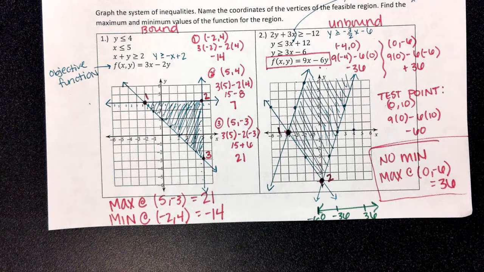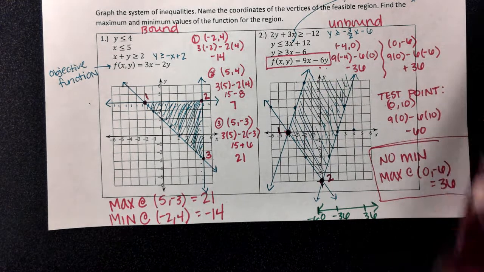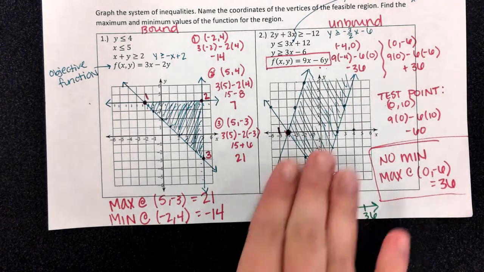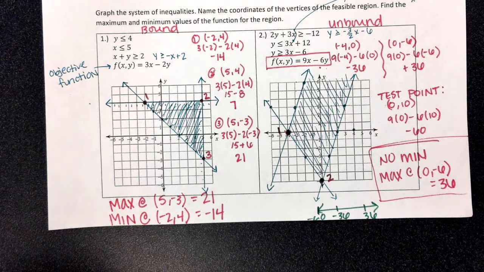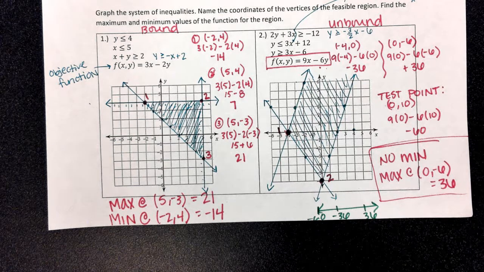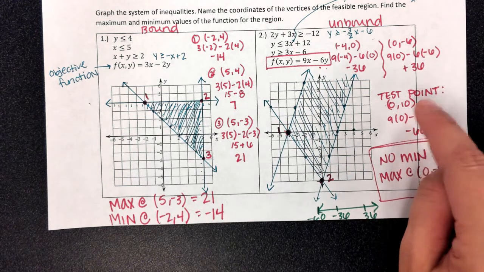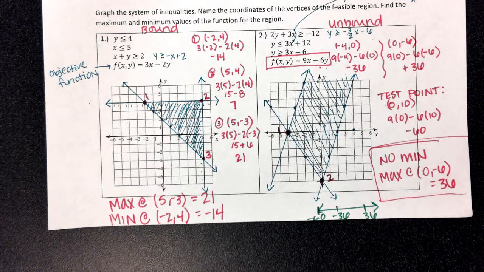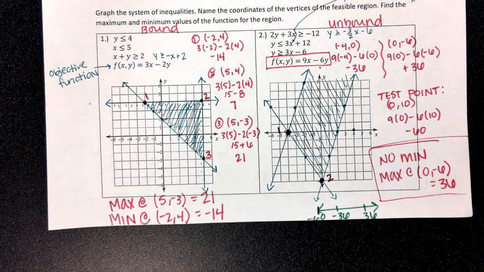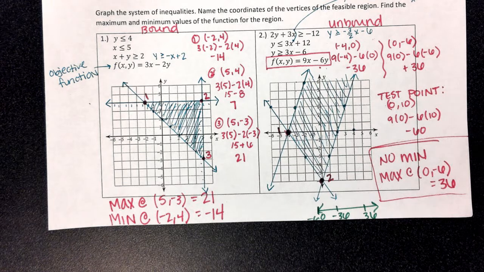It's going to keep getting smaller because this graph keeps going on forever. So my shaded region keeps going on forever. Okay? So, moral of the story here, you have an unbound graph. You need to test a point, and your test point will tell you if you have no maximum or no minimum. That's what the test point is for.